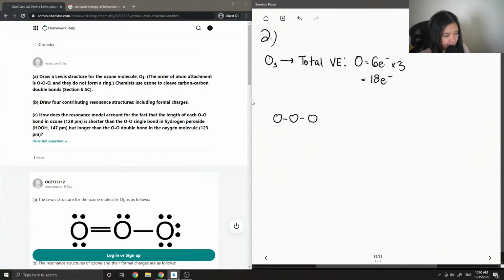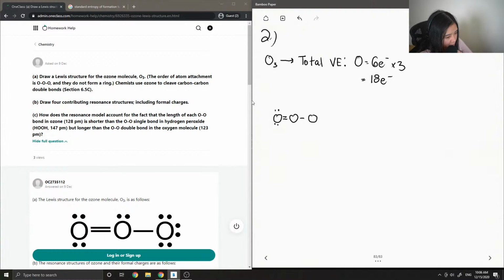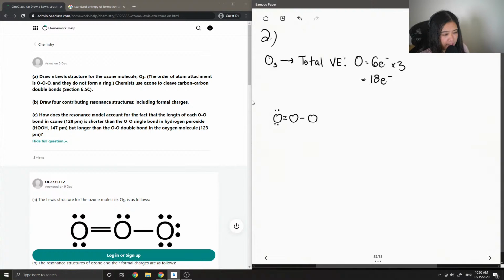So I'm going to make one of them a double bond, and then I'm going to fill out the rest with all of the lone pairs on oxygen. So this has a double bond. I'm just going to write 4 valence electrons on the oxygen on the left. And in the middle, it has a double bond and a single bond on its right.